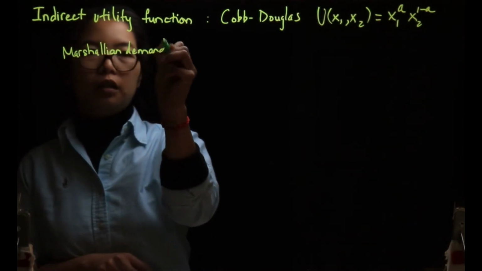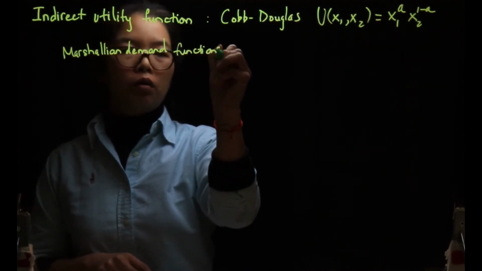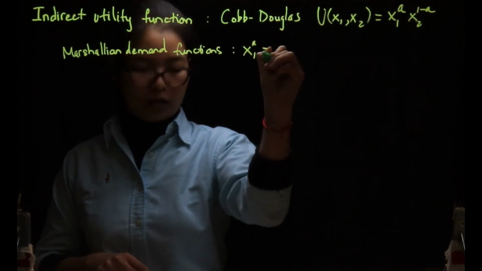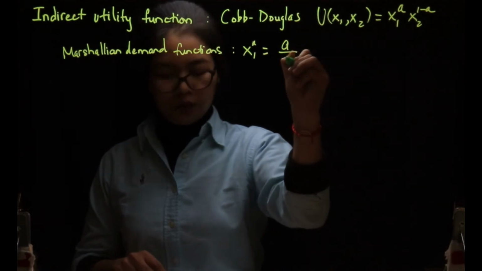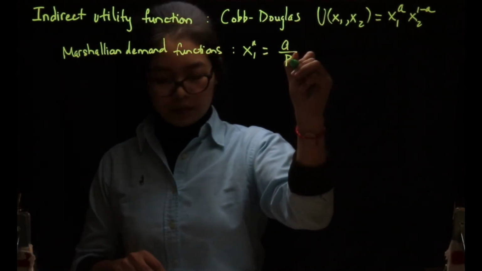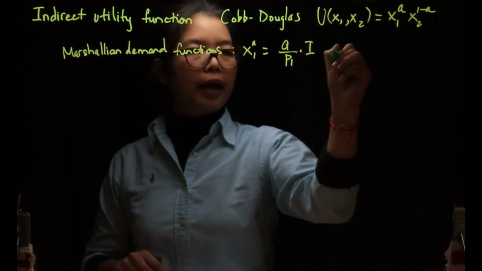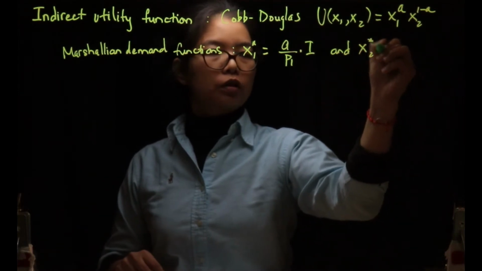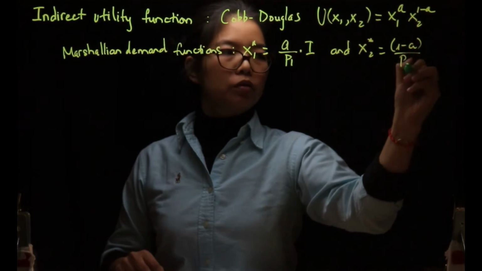Let's rewrite it again, which is x1 star equal A over P1 times I, right? And x2 star is 1 minus A over P2 times I.